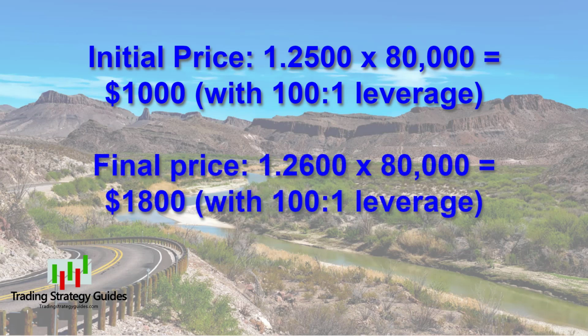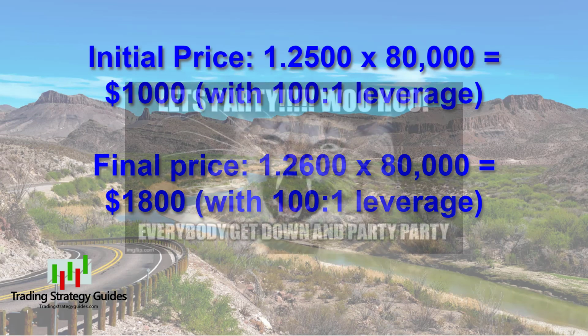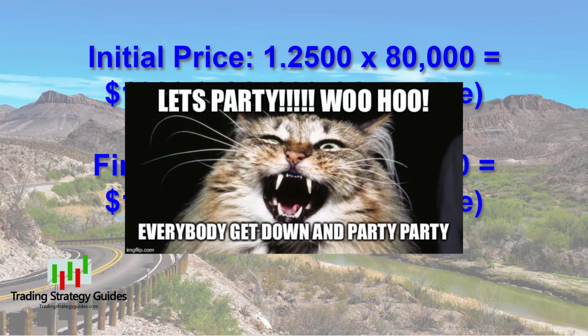At the moment you close the trade at 1.26 and return the loan to your broker, you are now left with a net profit of $800. Now I'm pretty sure we can work with $800 for a day's work, right? I mean, I guess that would be nice. Heck yeah, that would be nice.